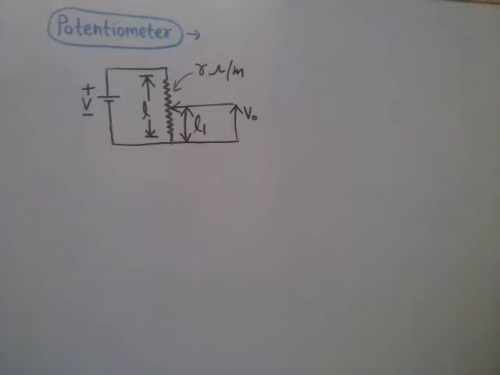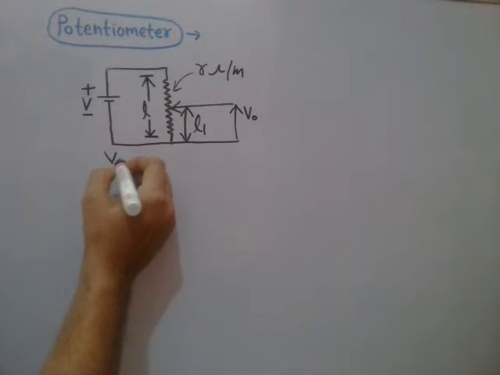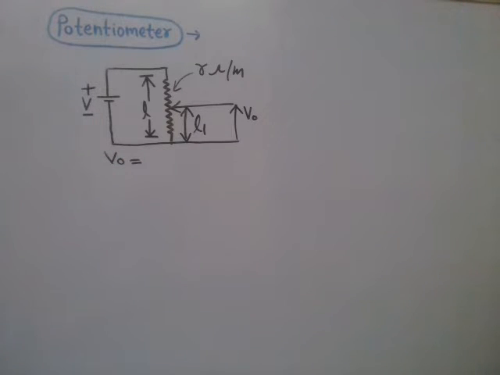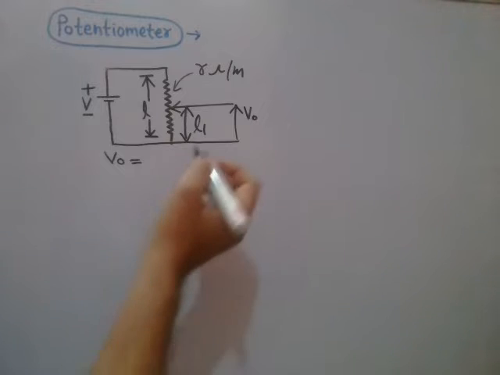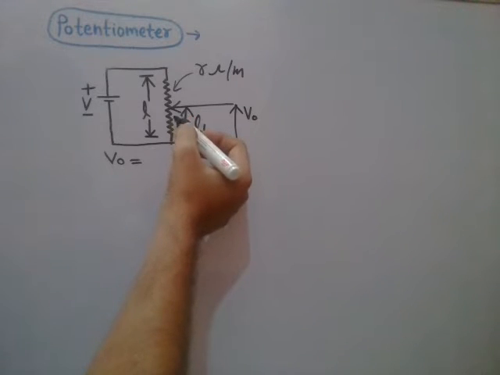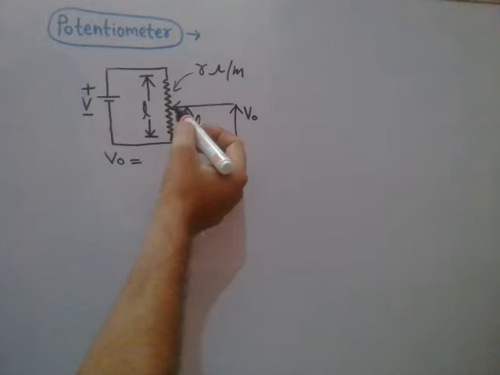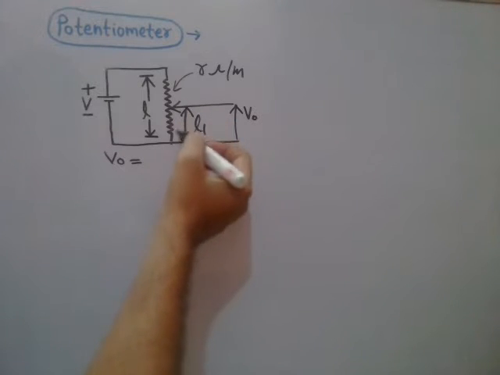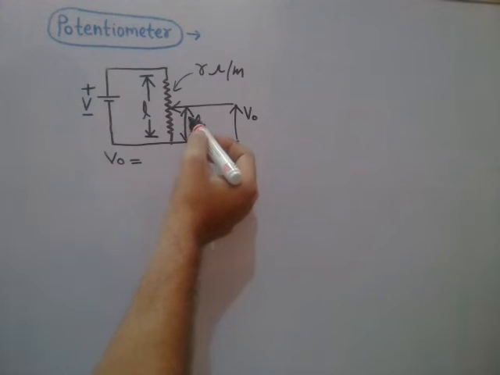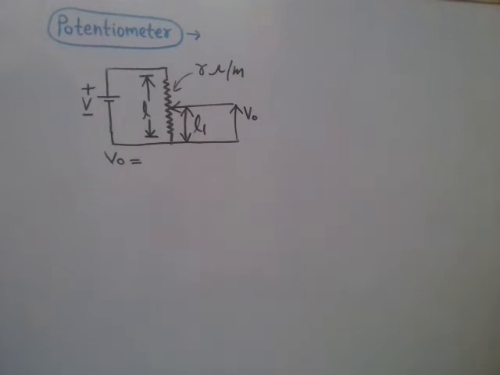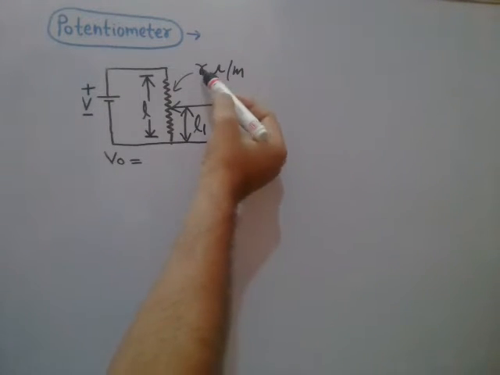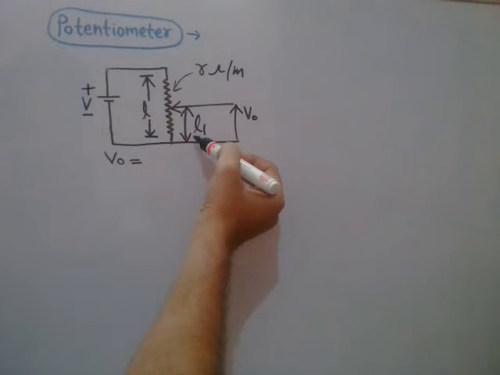So now the output voltage V0 can be written as follows. The ohmic resistance up to this length L1 will be L1 into R, because the resistance of this wire per unit length is small r.